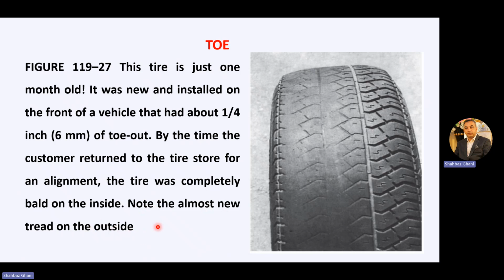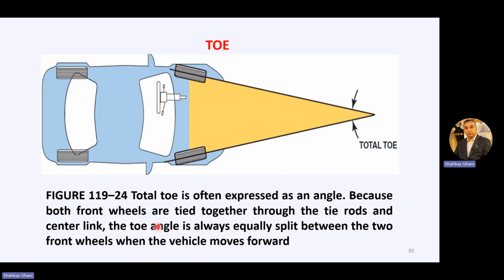So remember this: whenever you change the tire, or any suspension or steering components, the first and most important thing after changing those components or tires is to always do the wheel balancing and alignment and then drive the vehicle. It is very, very important for the safety of the vehicle and the safety of the passengers. So you must do the wheel balancing and alignment.